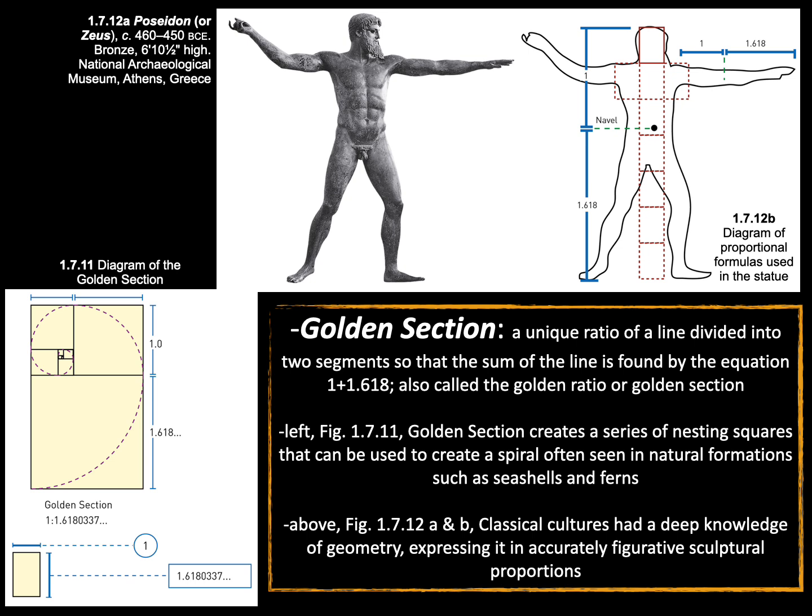The golden section, or golden ratio, is a mathematically identifiable ratio in length between 1 and 1.618. It is a repeatable proportion that appears in many natural forms, most noticeably the spiral of seashells and the curling of ferns.